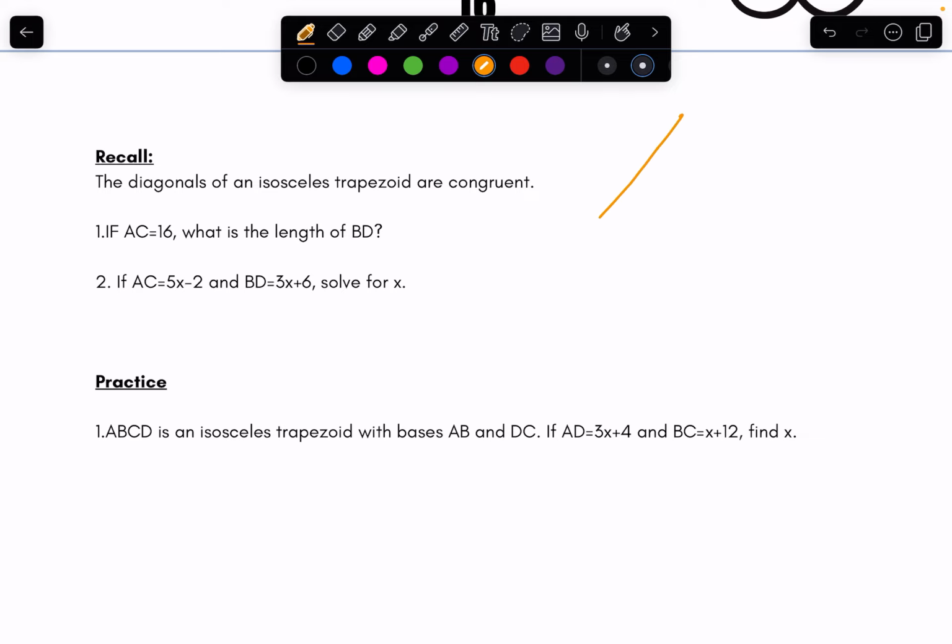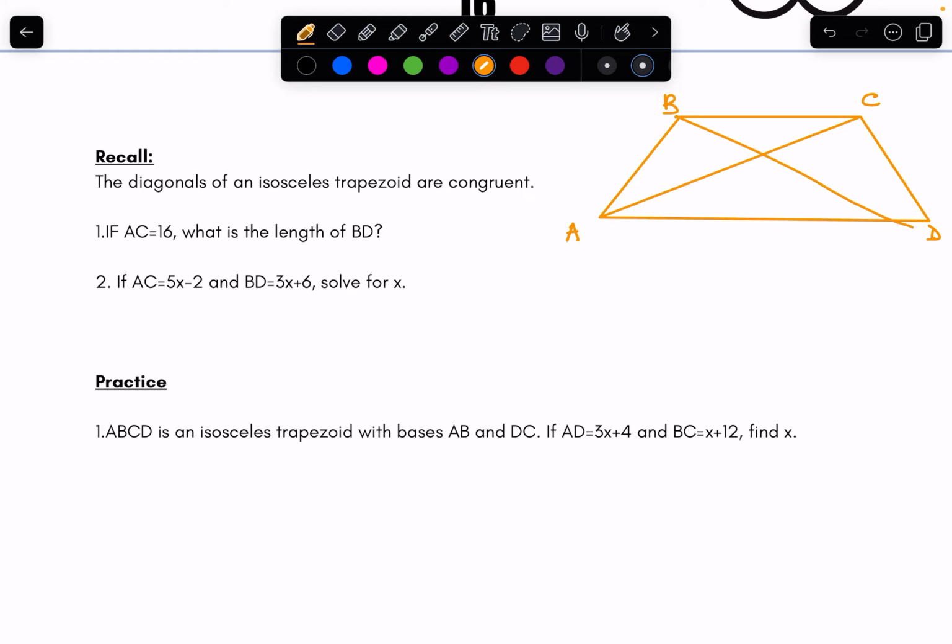For this one, you're going to draw a trapezoid and label it A, B, C, and D. If AC is 16, then BD must be 16.